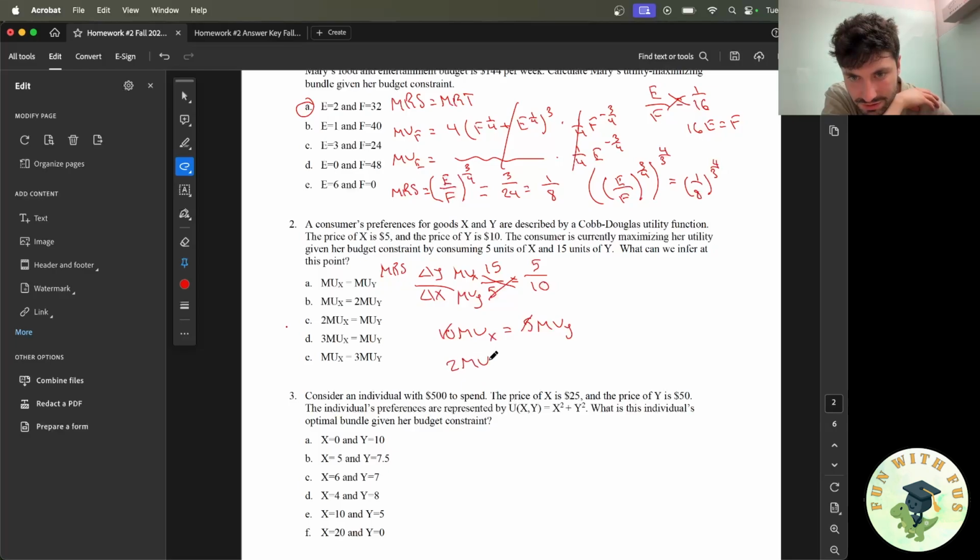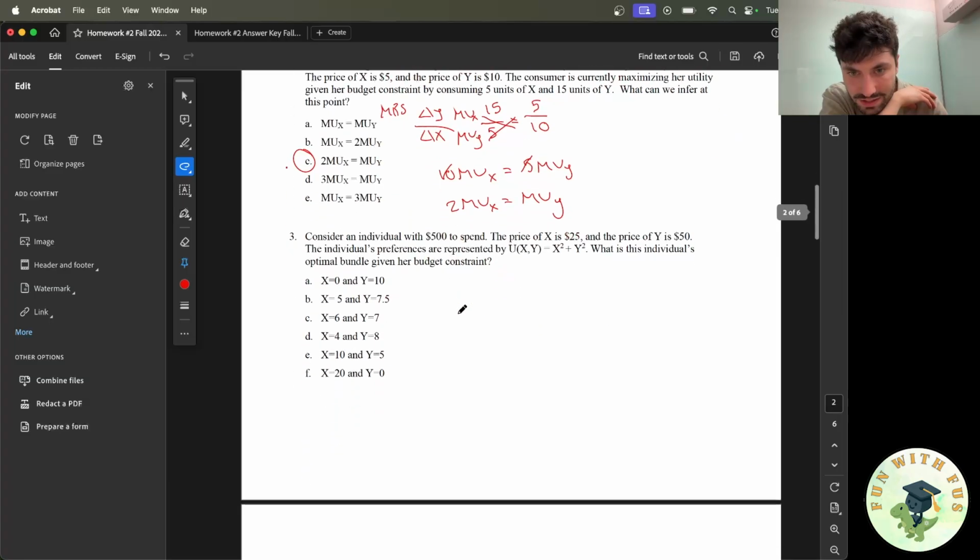So marginal utility of X is equal to marginal utility of Y, and that does line up. I have no idea why she gave this piece; I guess it's just a red herring. Since she gave it in generic terms of marginal utility, all you need is the MRT to solve that problem. But that one was a little quickie.